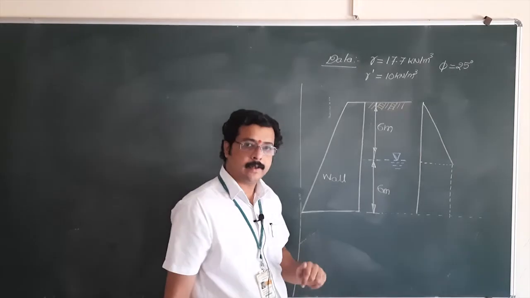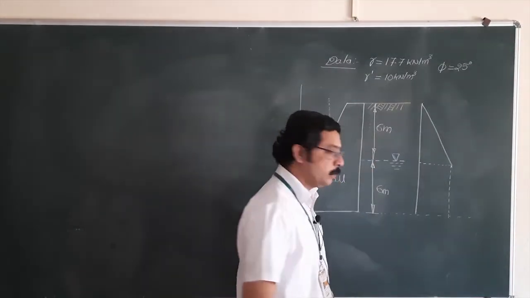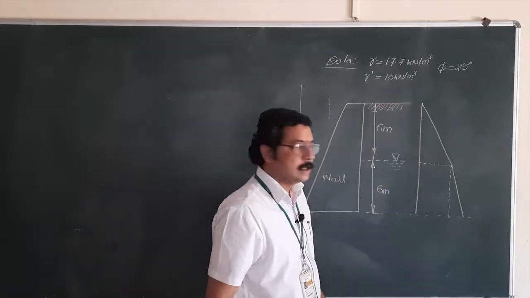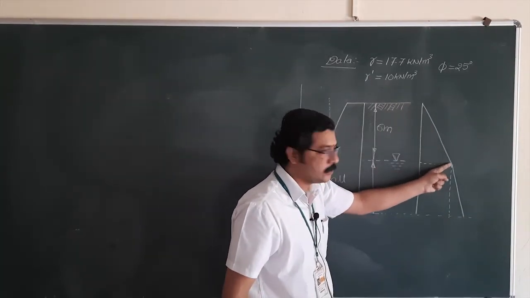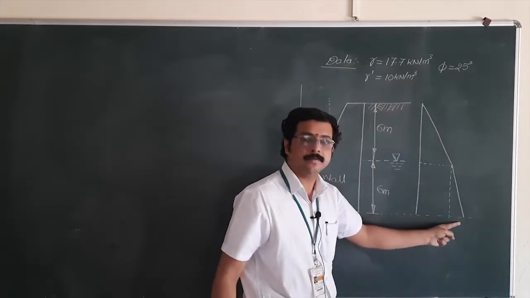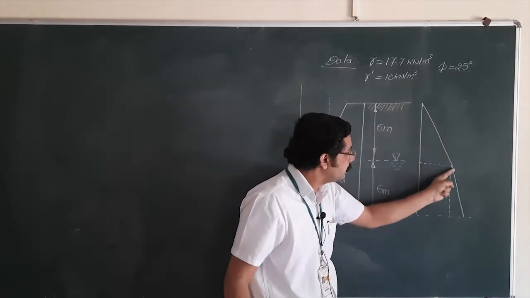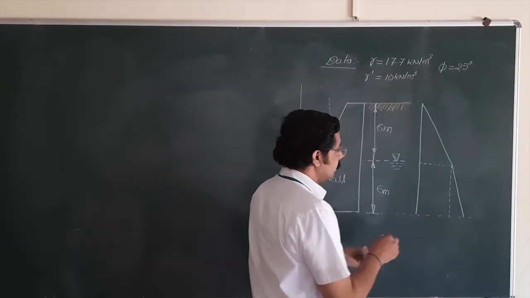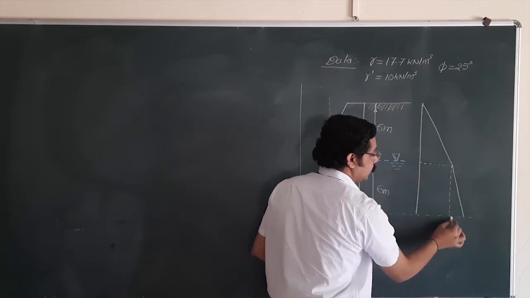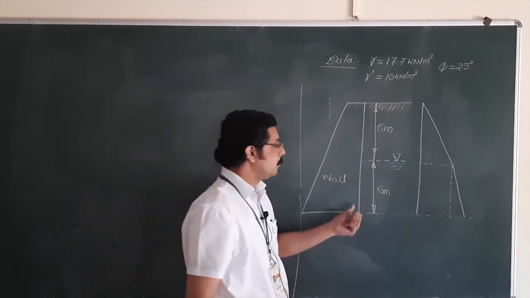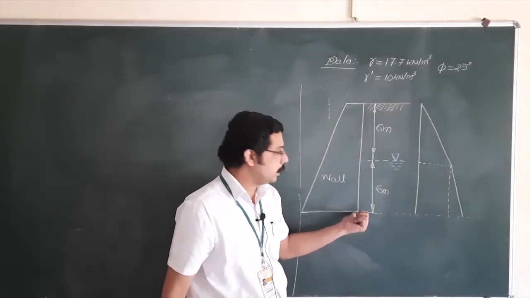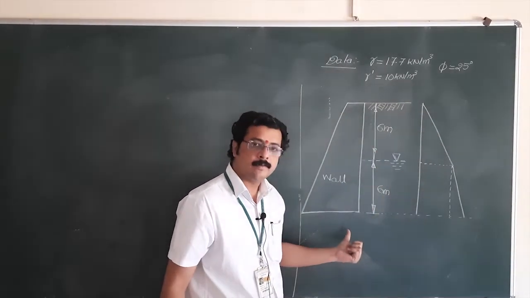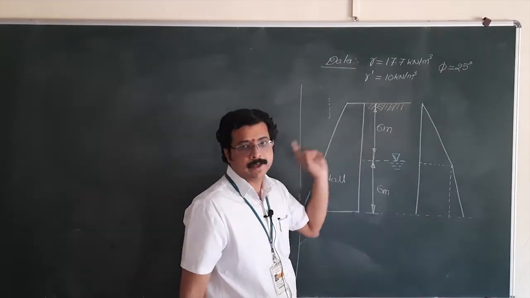Again, it will be a triangular distribution. So how will it look? It will look like this. Okay, so this variation is different from this variation. It is not the line which we have continued. Please remember this. So this portion is responsible for pressure due to submerged unit weight, and this much portion of the pressure diagram is responsible for pressure due to dry unit weight.